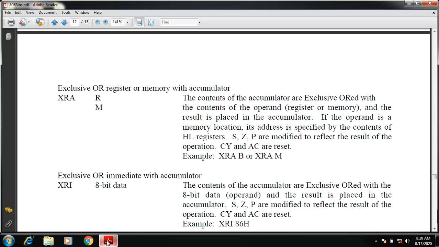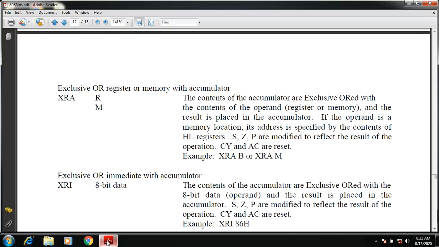The only difference between OR and XOR is that when both inputs are the same, the output is low, and when the inputs differ, the output becomes high. But in the OR gate, when only one input is high, the output is high. So this is the difference between exclusive OR and OR.